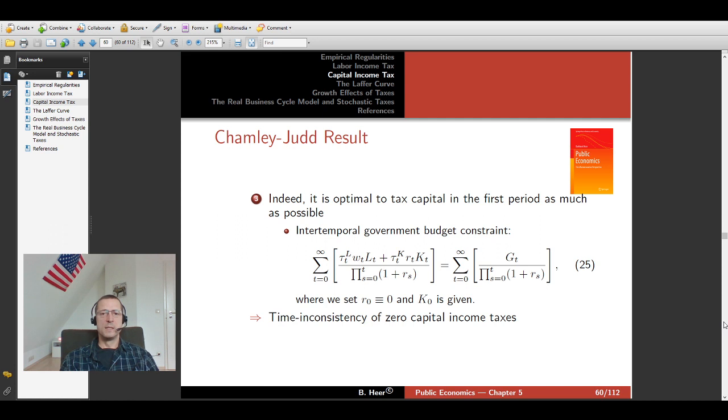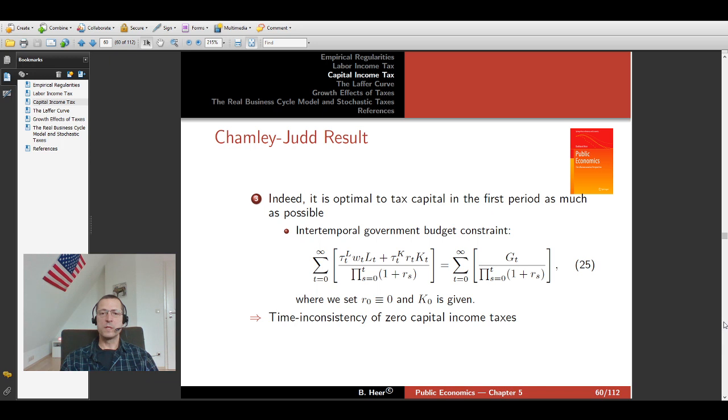Well, there's also literature on the capital income tax rate which considers not the per period fiscal budget, but the intertemporal government budget, which is provided by equation 25. In this case, the present value of tax receipts must be equal to the present value of government expenditures.